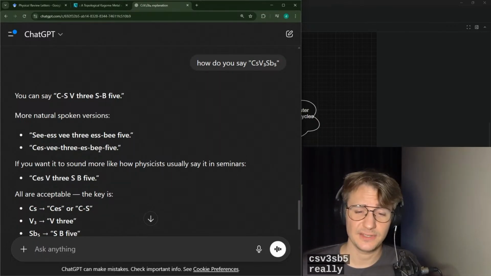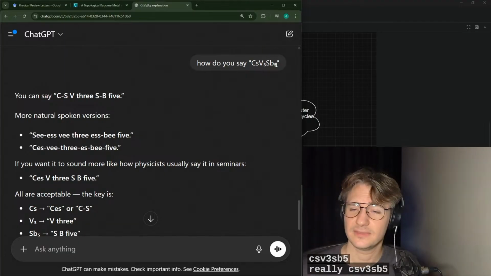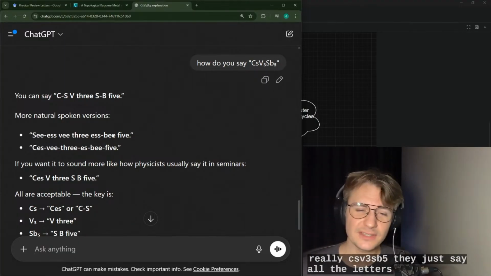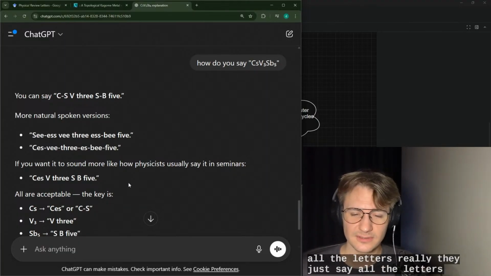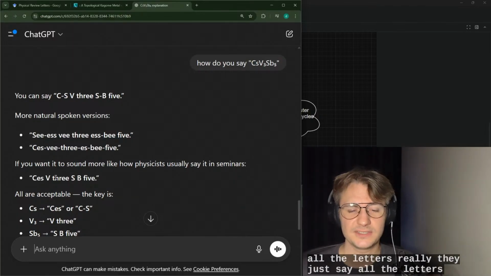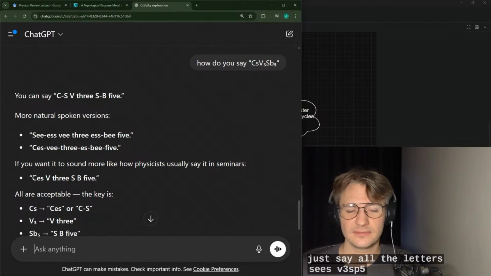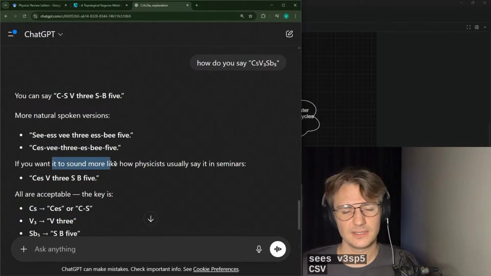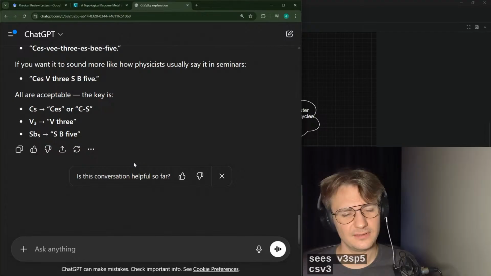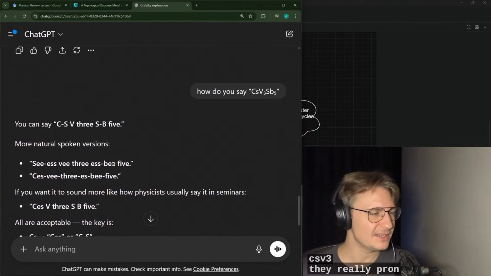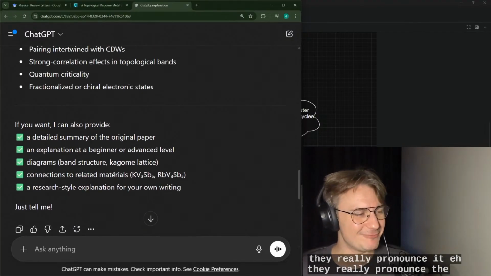Really? They just say all the letters? CsV3Sb5. CsV3. They really pronounce the chemical composition.